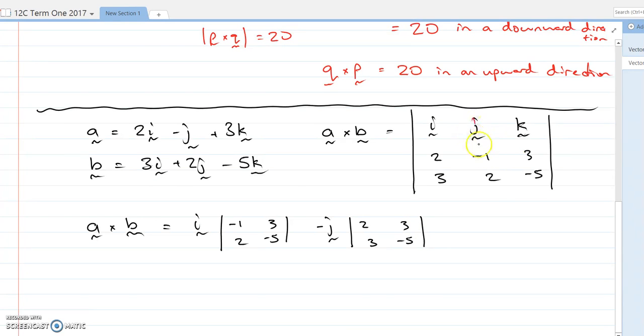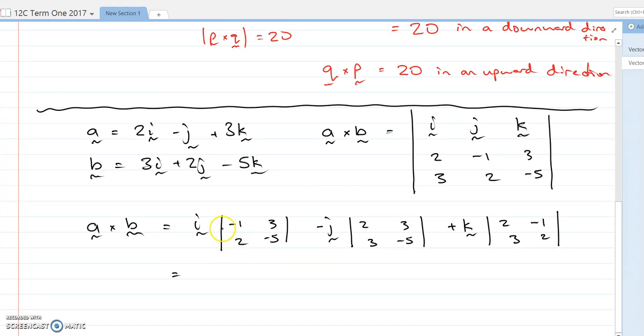That's after crossing out the j column and row. Just a reminder of how I got that. And the last one is k times the determinant of 2, minus 1, 3, and 2.